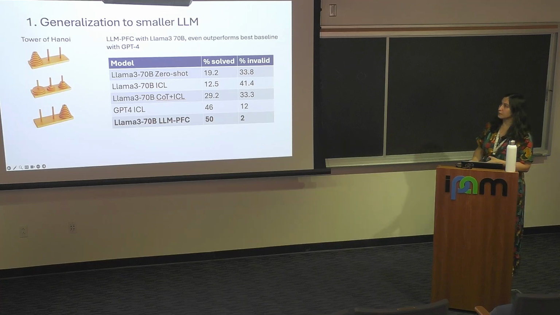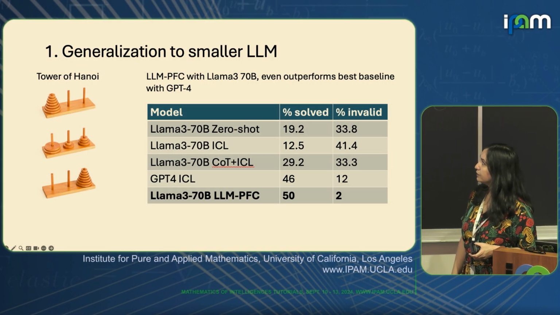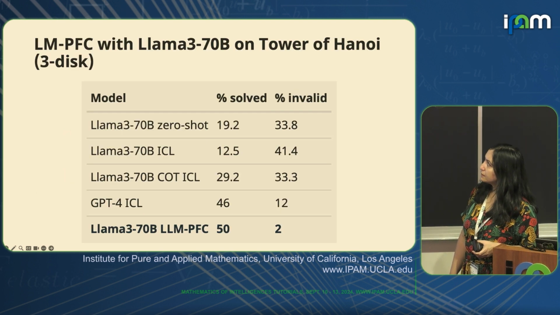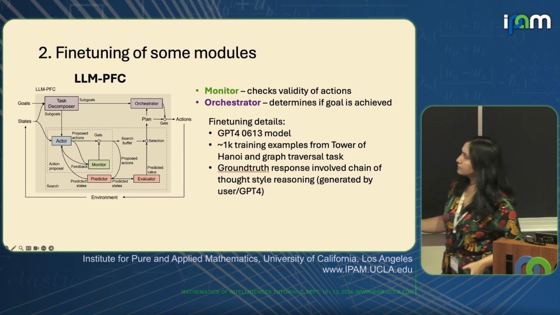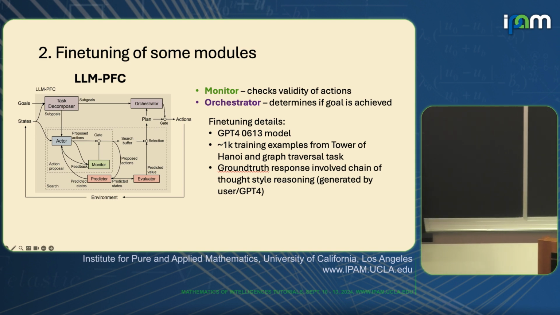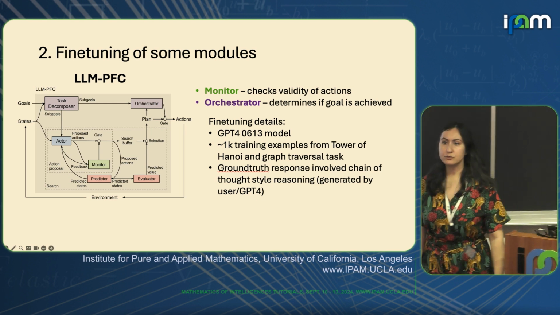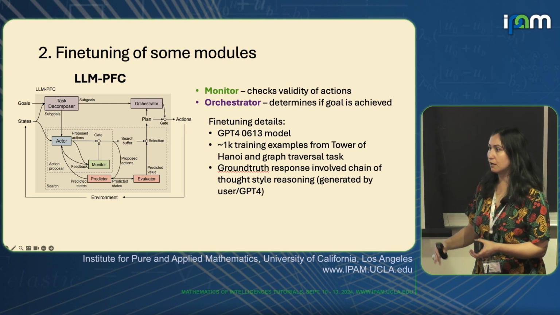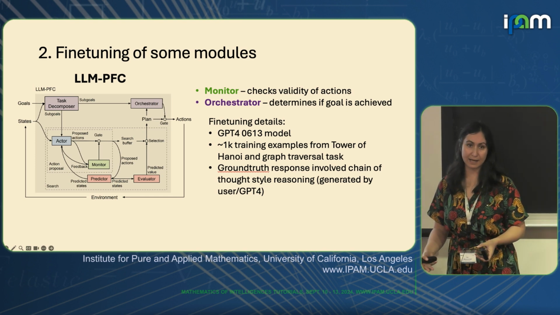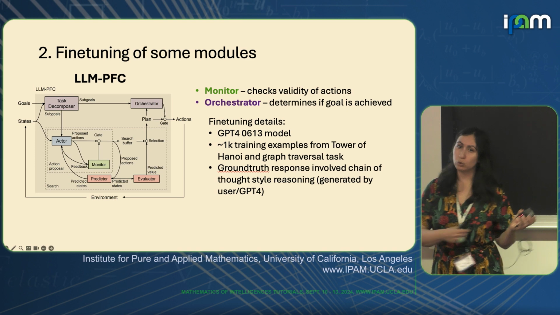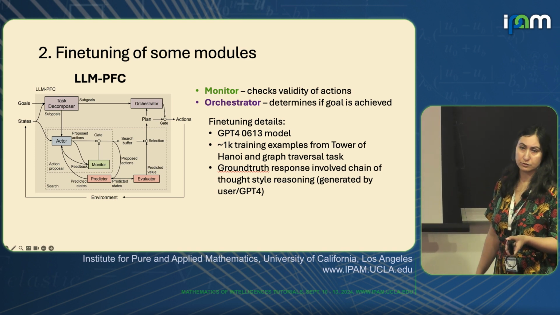Yeah, so this is what I showed you, generalization in a smaller LLM for Tower of Hanoi. Another thing we did was, what if we fine-tune the monitor and the orchestrator and see how much better they do? So fine-tuning means we took the transcripts of examples of interactions of the monitor for a given task, and then gave that whole thing to GPT-4 the way that you can do it with OpenAI for fine-tuning.